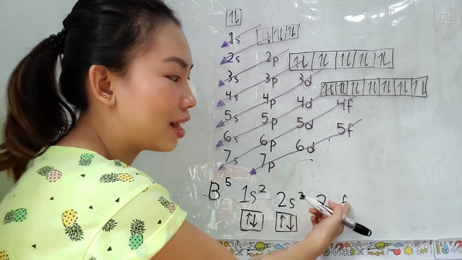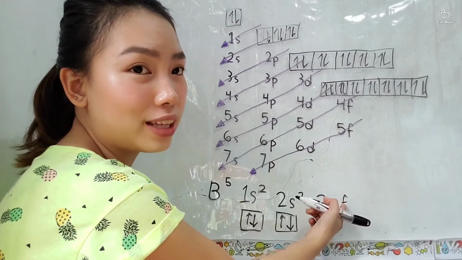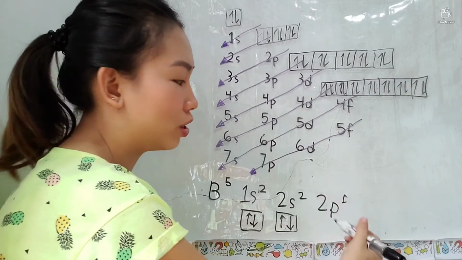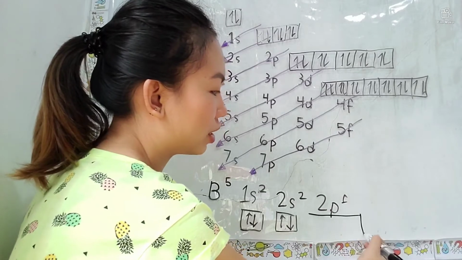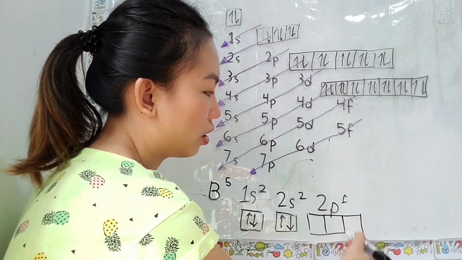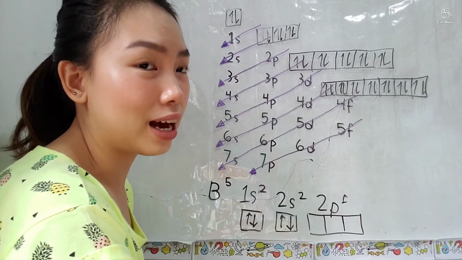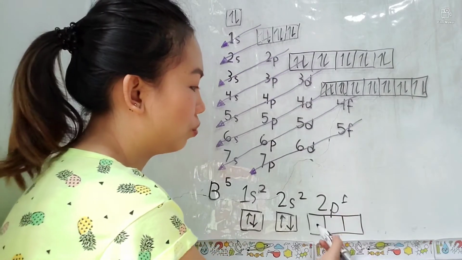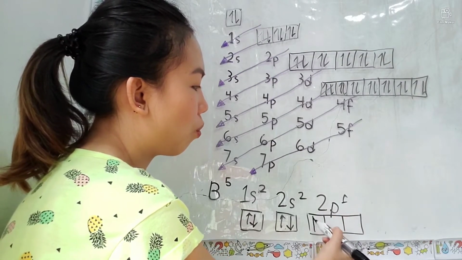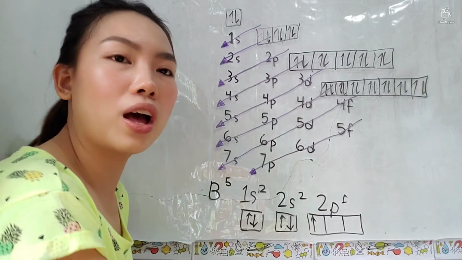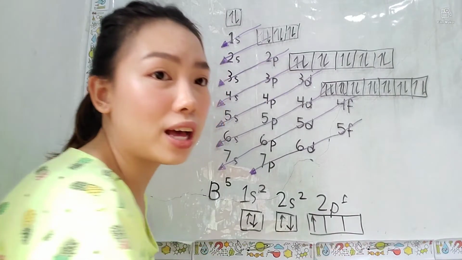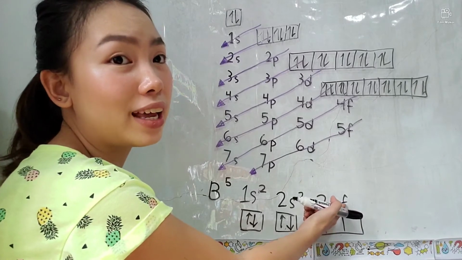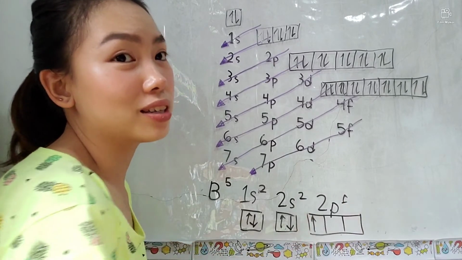So, kahit pa isa lang ang gagawin ko na electron, kailangan ko pa rin i-drawing yung buong 3 boxes. Kahit isa lang ang laman. So, since 2p1 lang yan, then we will have only 1 arrow up. Then, the rest, wala nang laman to represent 1 electron on the p subshell.